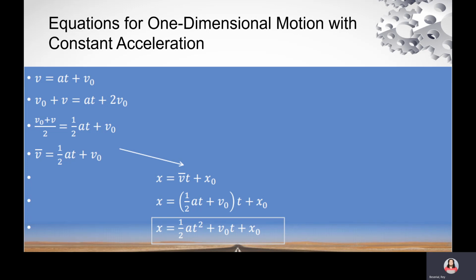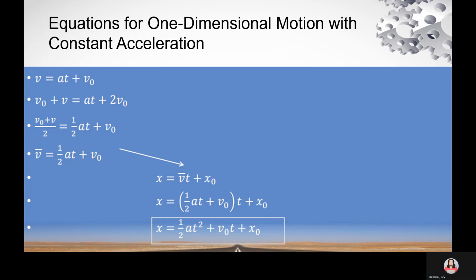So from kanina na final velocity na equals to acceleration times time plus initial velocity, i-equate natin siya doon sa another, equate natin siya dito sa final velocity, initial velocity plus final velocity is equals to acceleration times time plus 2 times initial velocity.